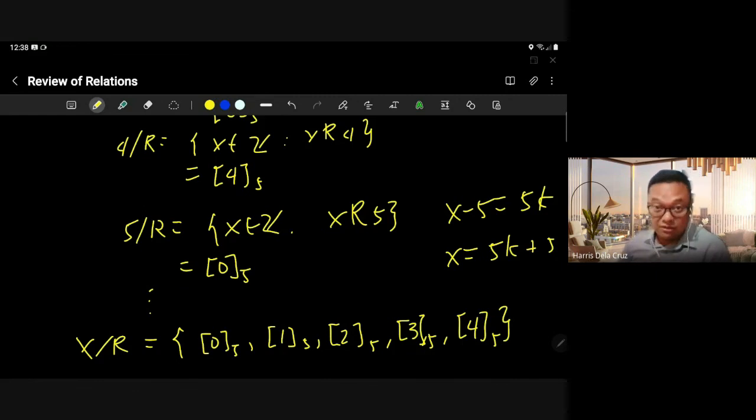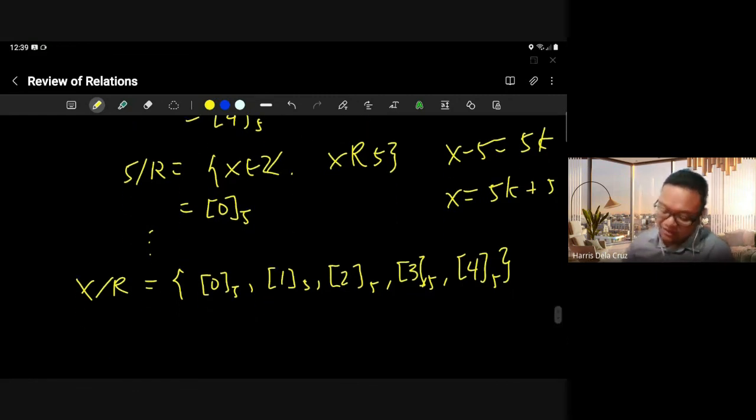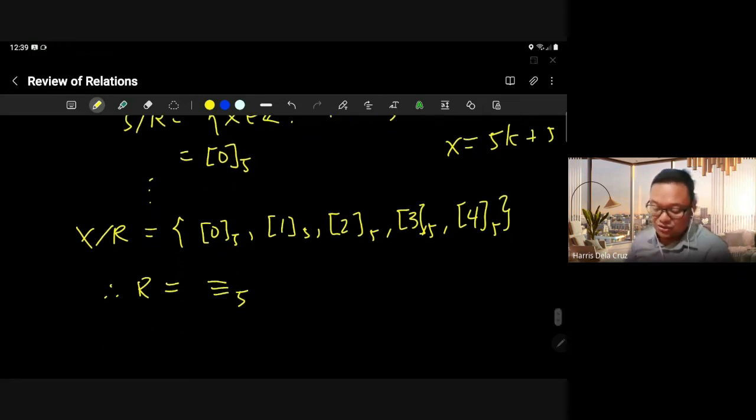And as we all know, this is a partition of Z. Right? This is actually the partition induced by the modulo relation 5. So, ibig sabihin nun. So, therefore, R is nothing but the modulo relation 5. Baka malito na naman kayo, sir, ano ibig sabihin ng R is equal to congruent modulo 5?